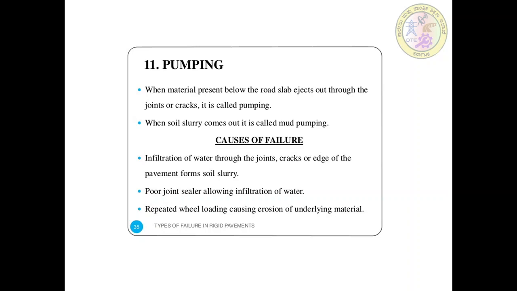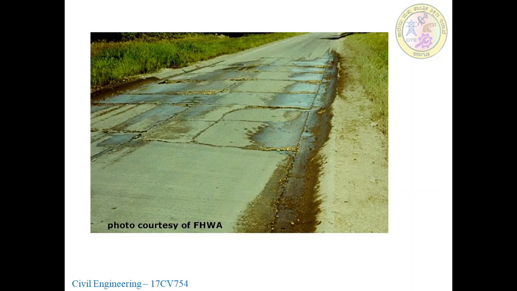The causes of failure: infiltration of water through the joints, cracks or edge of the pavement forms soil slurry; poor joint sealer allowing infiltration of water; and repeated wheel loading causing erosion of the underlying material. These are the causes of failures. Here is a picture where slurry and water come out through the weaker joints.